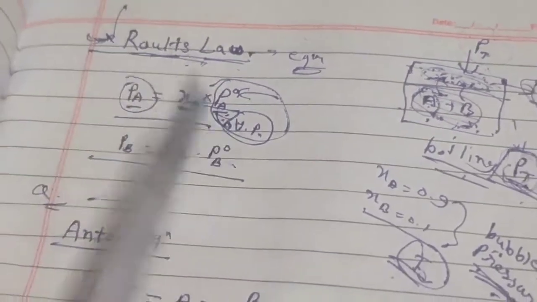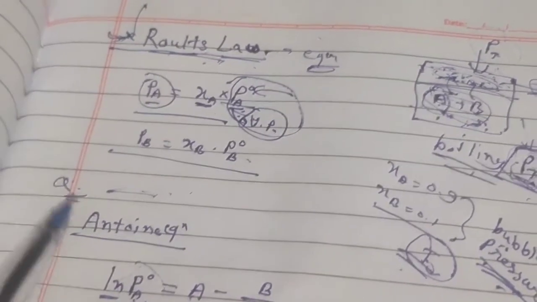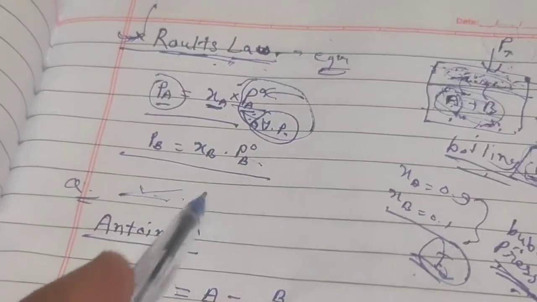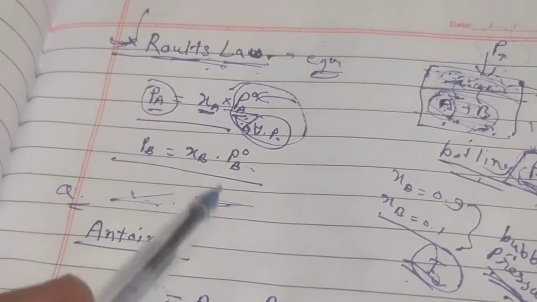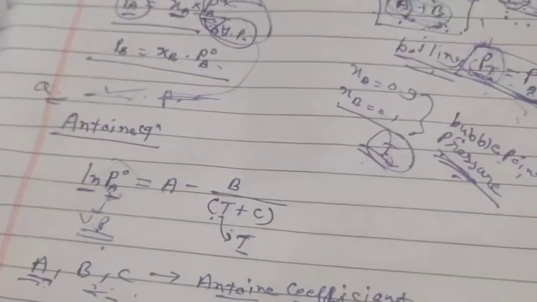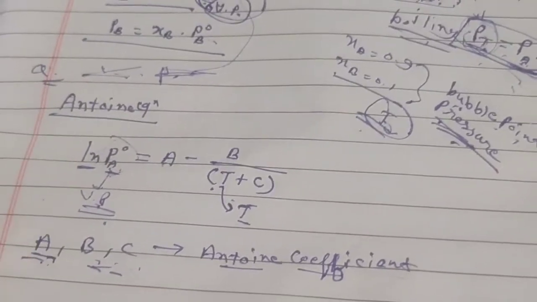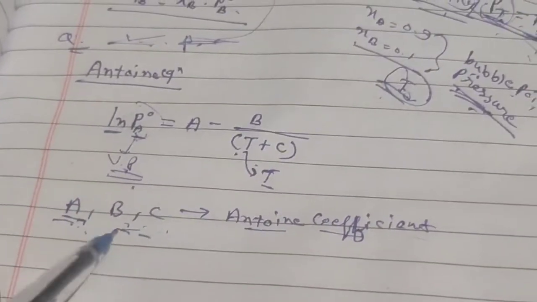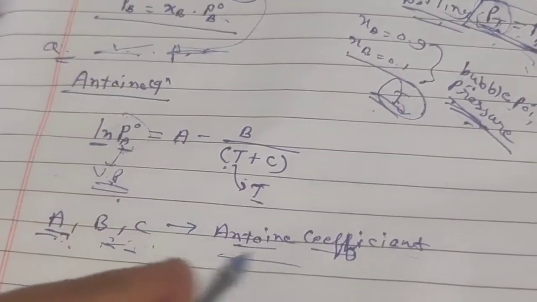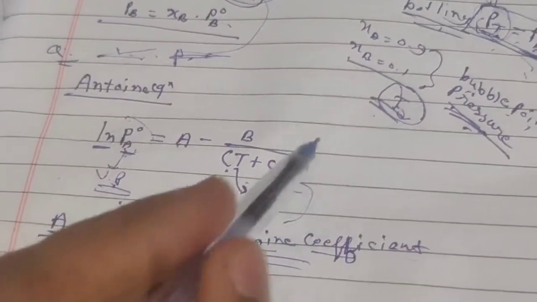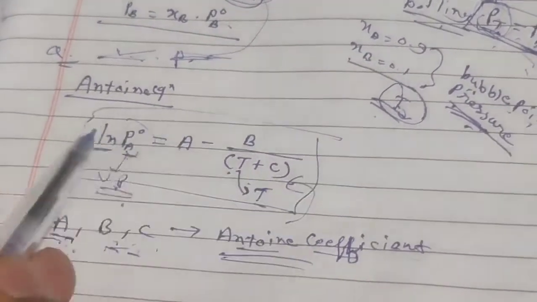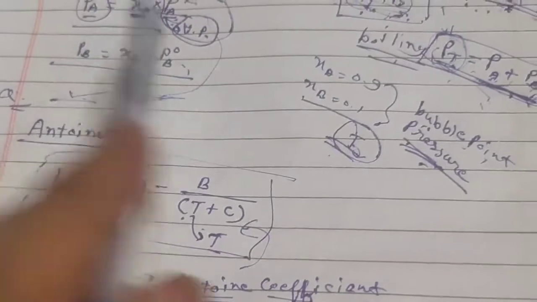If the vapor pressure is already given in the question, then well and good, just put it in. If they don't give the vapor pressure, then they will give the values of A, B, C, so that you can use the Antoine equation, and with the help of this you can find the vapor pressure and use it.